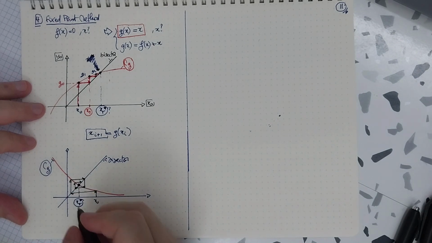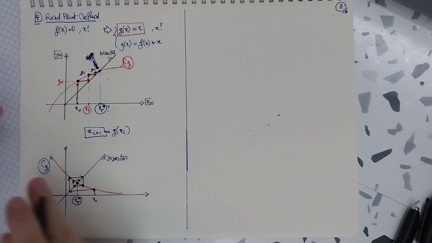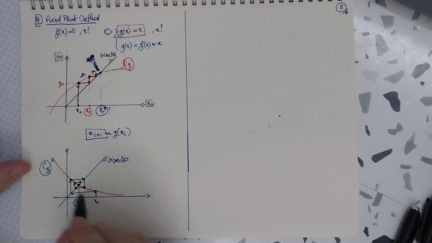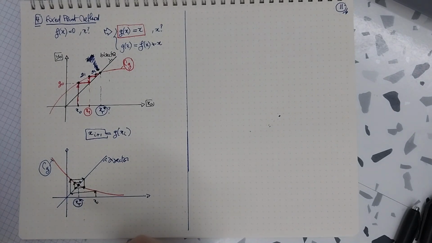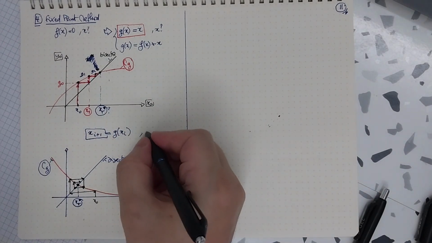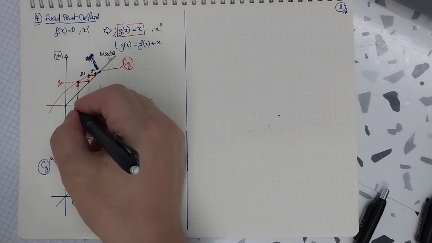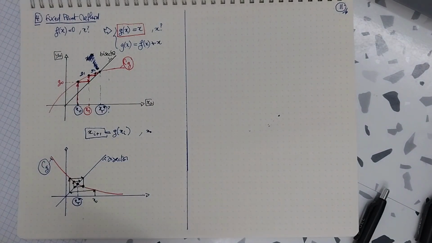We have this point, this point, this point, and they oscillate on these two sides of the curve G. So this is for the fixed point method. This is its formula, and it needs a start point where we begin with, not an interval as an input.